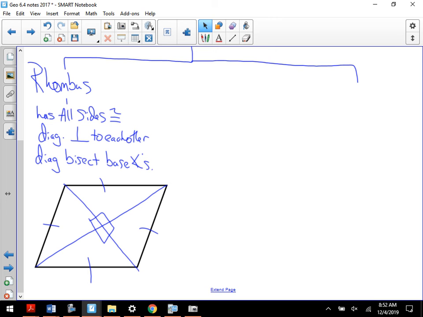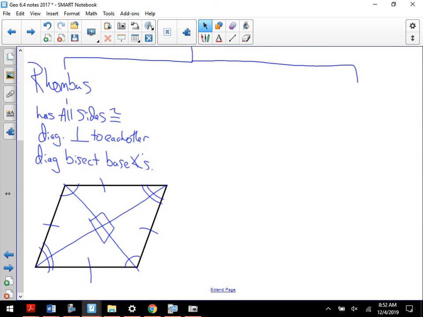Since it's still a parallelogram, remember, the diagonals still bisect each other, but they also become perpendicular. So it's that one extra little step. Opposite angles are still congruent, but these diagonals bisect the angles. So what I usually do is draw this in here and here, and then here I do a double.